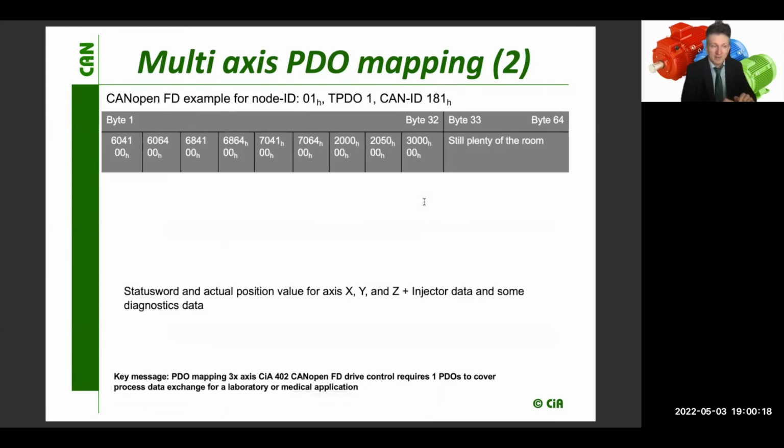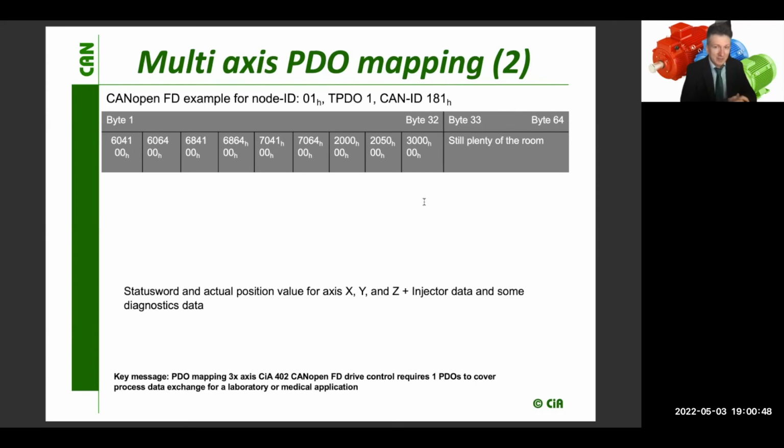In the case of classic CANopen it looks like this; in CANopen FD, it looks a little bit different. As you can see, the total number of bytes needed for covering all this in a CAN FD message using CANopen FD PDOs will be about 32 bytes.